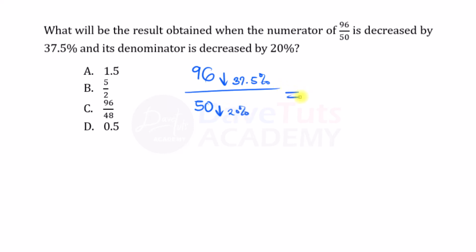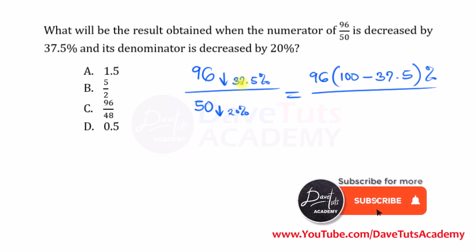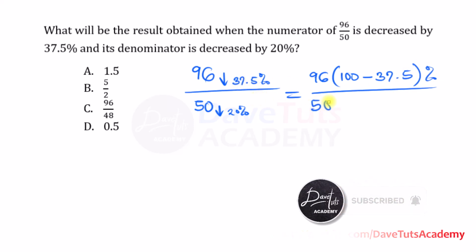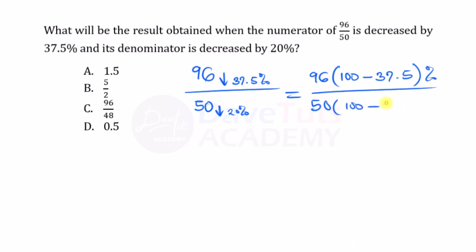And I was explaining initially that this will inherently mean that for the numerator, we just say 100 minus 37.5%. That is a decrease by 37.5%. And for the denominator, it will be 100 minus 20. This is the decrease in the denominator by 20%.